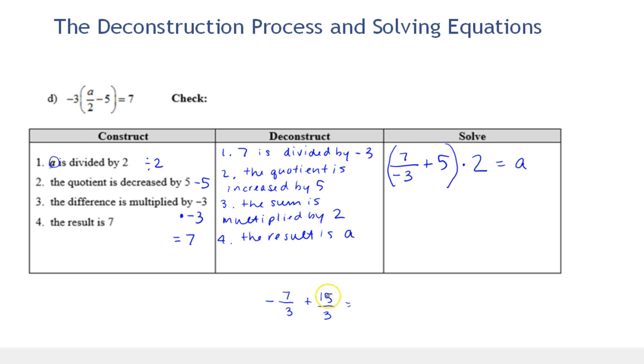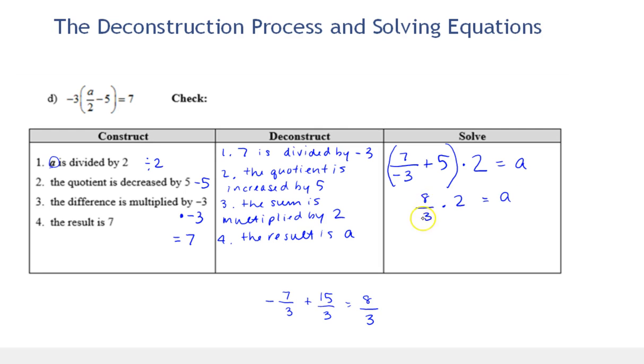And now I will add the numerators, or this is negative, so I'll find the difference. 15 minus 7 is 8, and we have 8/3. Again, feel free to do this on your calculator, and I'll have a video at the end of this segment showing you how. So this result is 8/3 times 2 equals A.